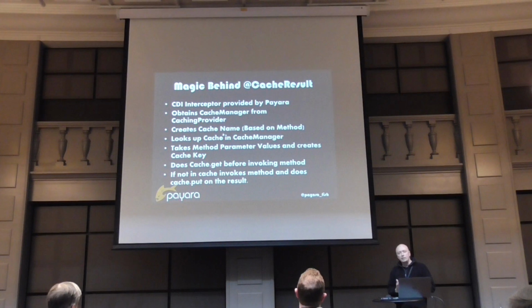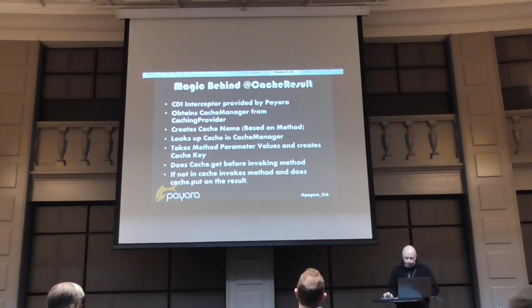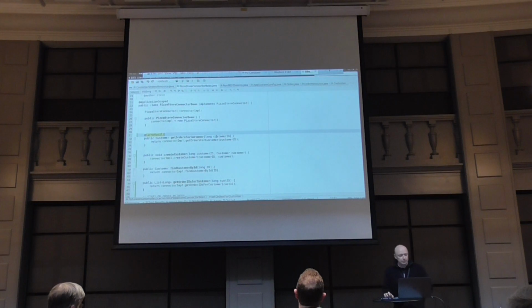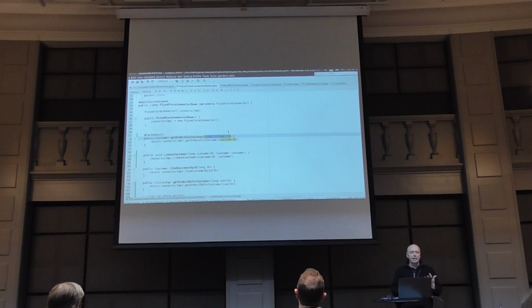It then looks that cache up in the cache manager, takes your method parameter values and creates a key. So based on that parameter, it will create a cache key. If you have multiple parameters, it'll munge them together into a single object and work out a deep hash code for those different parameter values.